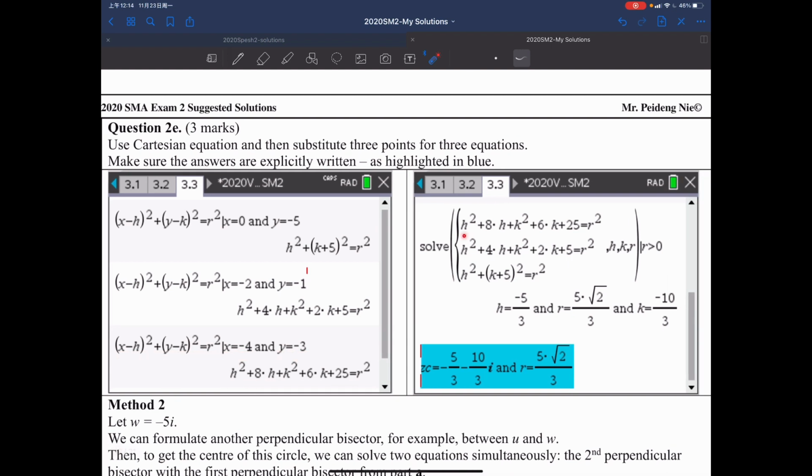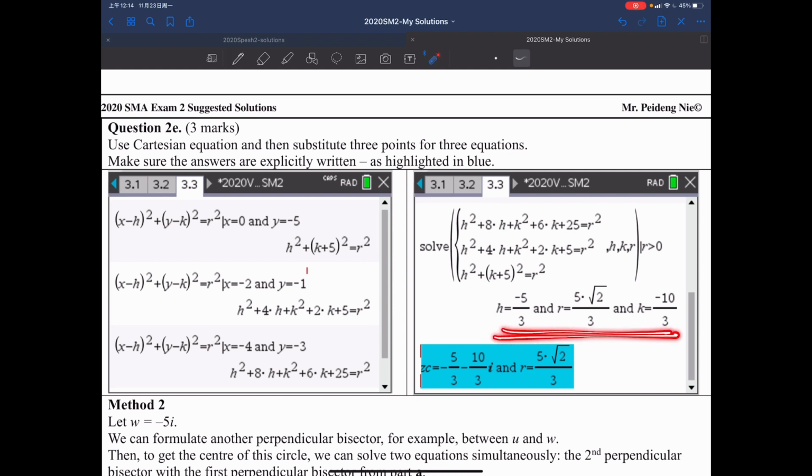Finally, we can solve that system of 3 simultaneous equations with respect to h, k, and r. But notice, this could generate 2 pairs of solutions. So you need to include that the radius is always greater than 0, thus getting rid of the unnecessary set of solutions.